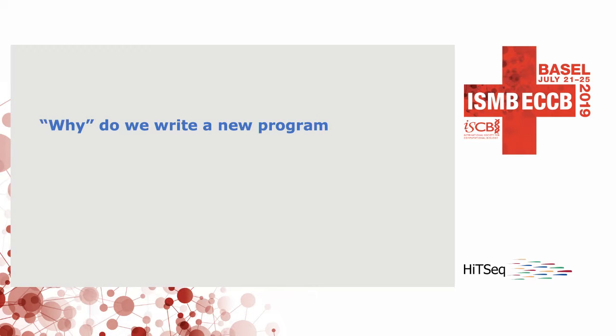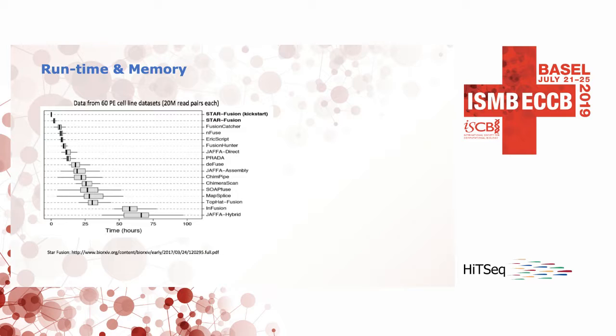As you can see, if you Google fusion tools online, there might be 30, 40 tools already available. Why do we write a new program? This is a nice figure from the STAR-Fusion paper, which demonstrated the runtime and the memory usage for the existing fusion detection methods on this very tiny data set.